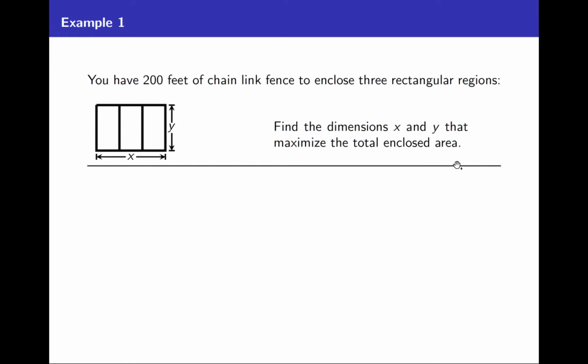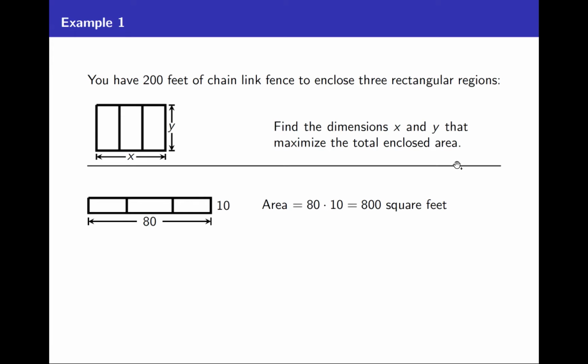Now, before we talk about a solution to this, I want you to just think about ways that you could build such a rectangular region enclosed by a fence. One way to do it would be this. You could say, well, I'm going to do my rectangular region 80 feet long, and so there you used up 80 feet of chain link fence, and there's another 80 on the top, so that's what, 160 feet so far.